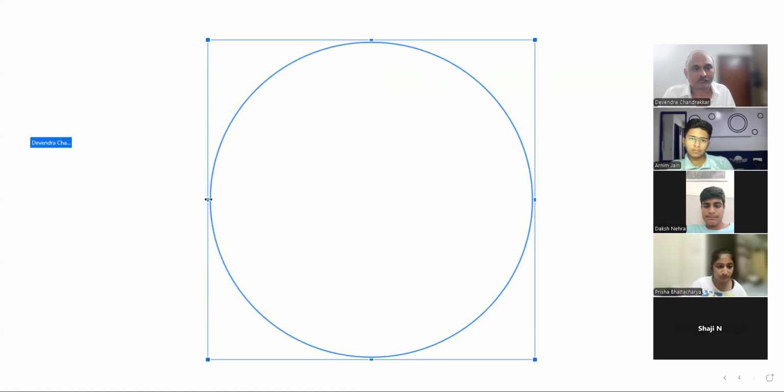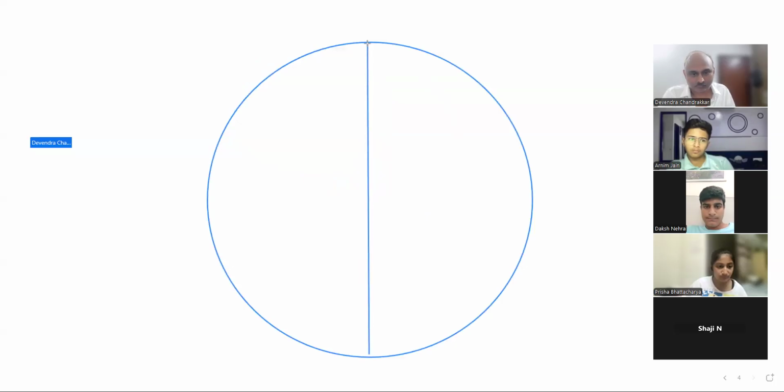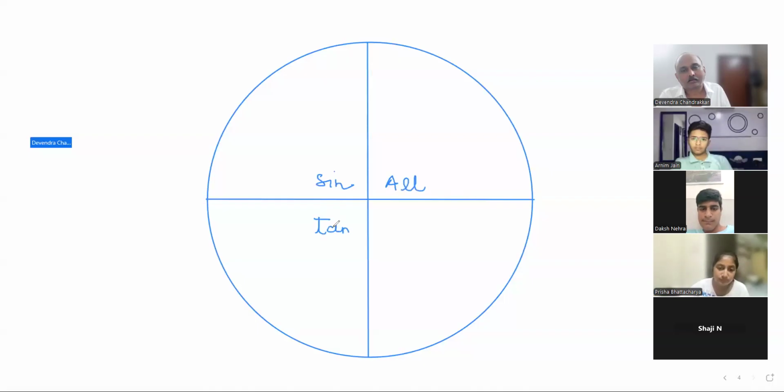Now, remember, pay attention, all of you. Always remember that this is All, Sine, Tan, and Cos. So in the first quadrant, I'll write it here. What does this mean? I'm trying to explain it to you.